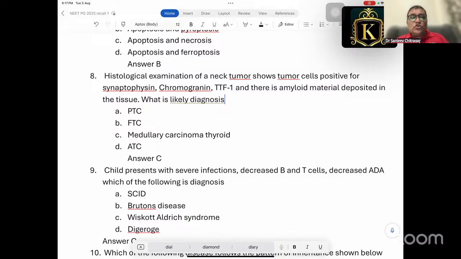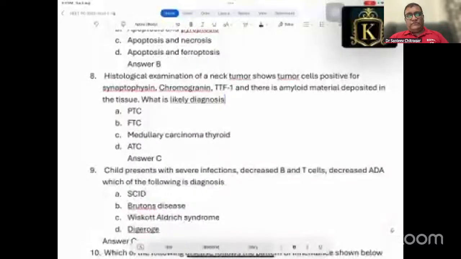We discussed that amyloid can be seen in medullary thyroid carcinoma, insulinoma, and another one, multiple myeloma, right? So the answer to this is medullary thyroid carcinoma. Will the cutoff be more this time? Answer is yes. This question came in FMG also, right?